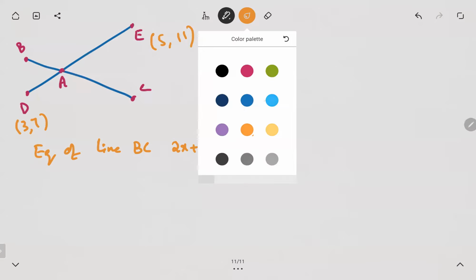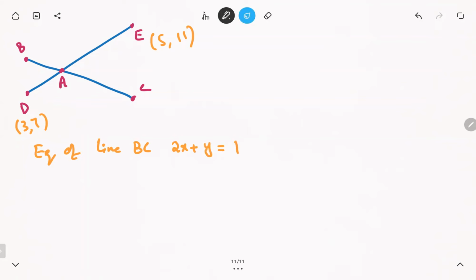Again, I'm telling you all the diagrams are not to scale. Don't start the question, just think about it first.